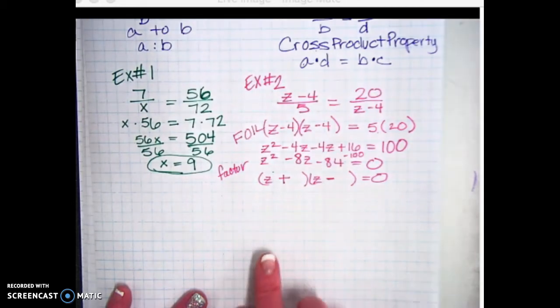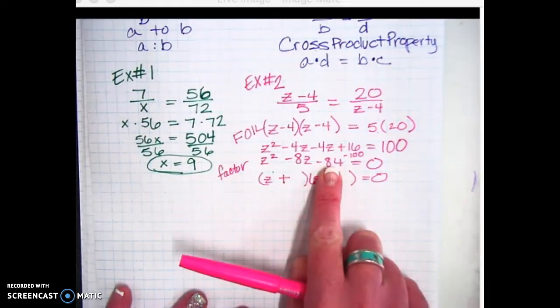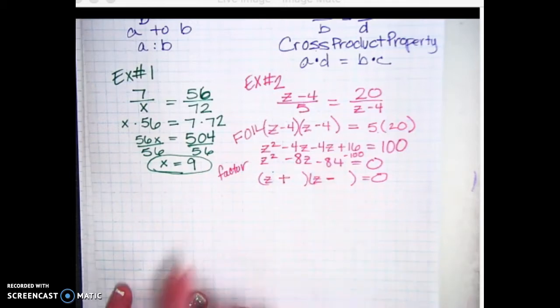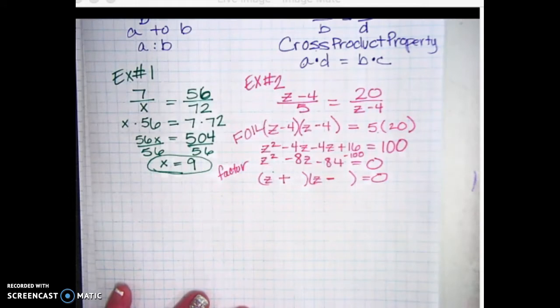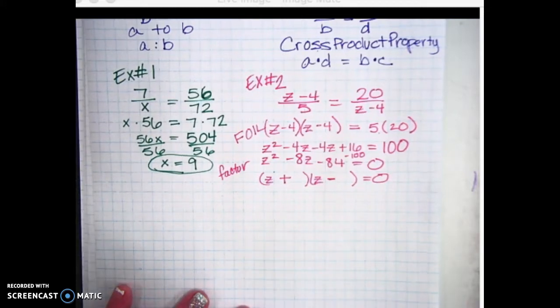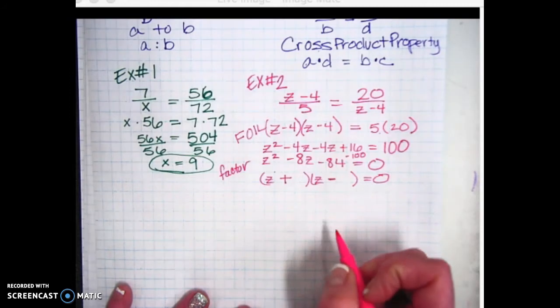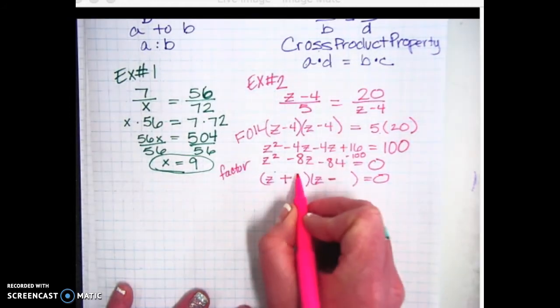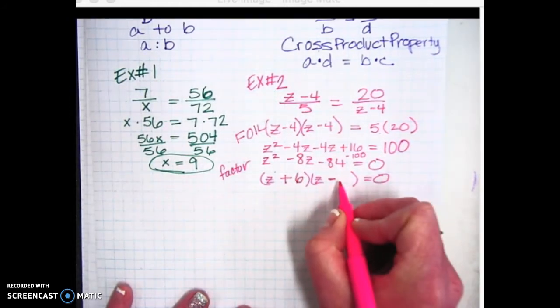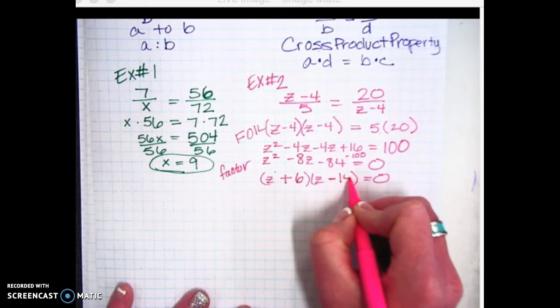And what 2 numbers will multiply to get 84 or negative 84 and add or subtract to get negative 8? Anybody see that one? No? So you might have to play around with your calculator on that one a little bit, but you should have z plus 6 and z minus 14.